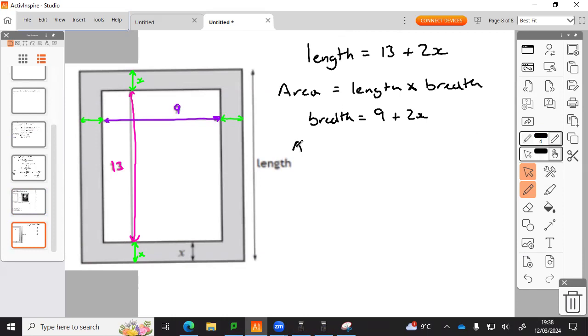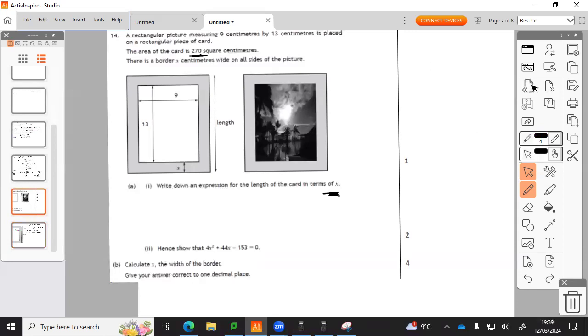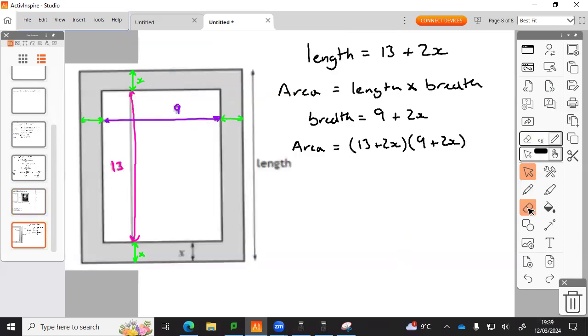So my area is equal to my length times my breadth. You get given the area in the question, your area is 270. So 270 is equal to length times breadth.